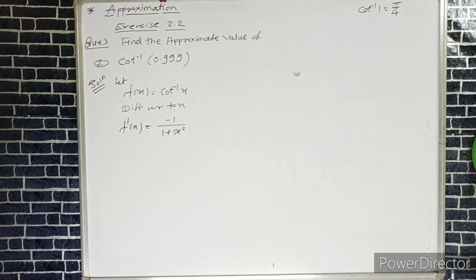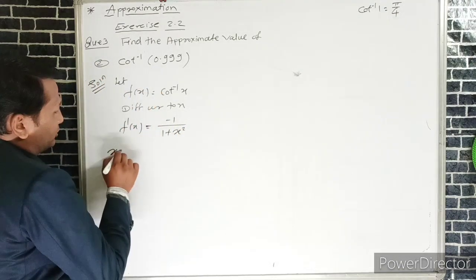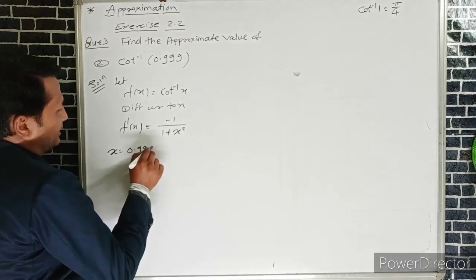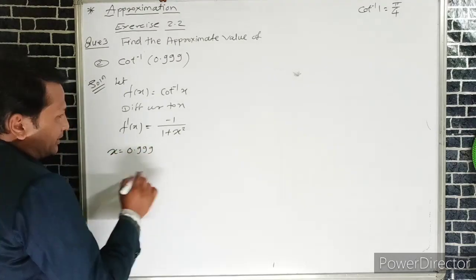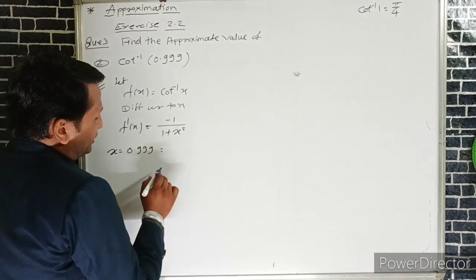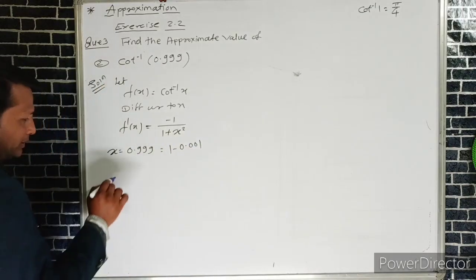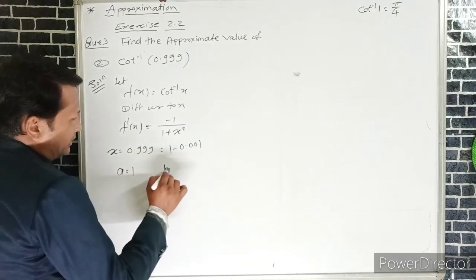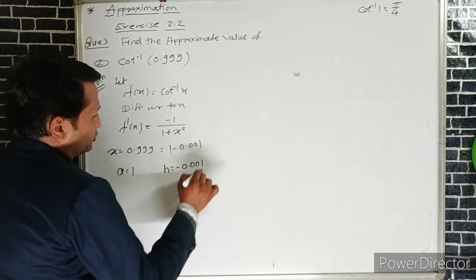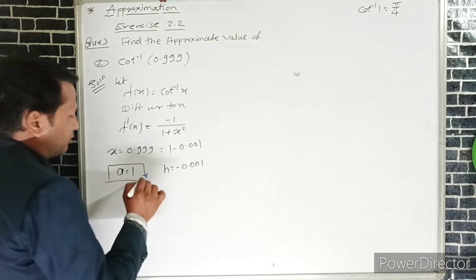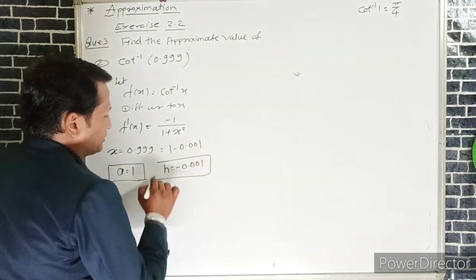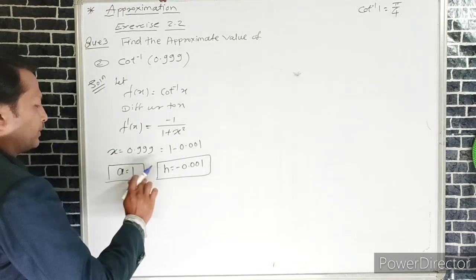So we know that x is equal to 0.999, which means we can write 0.999 as 1 minus 0.001. Here a is equal to 1 and h is equal to minus 0.001.